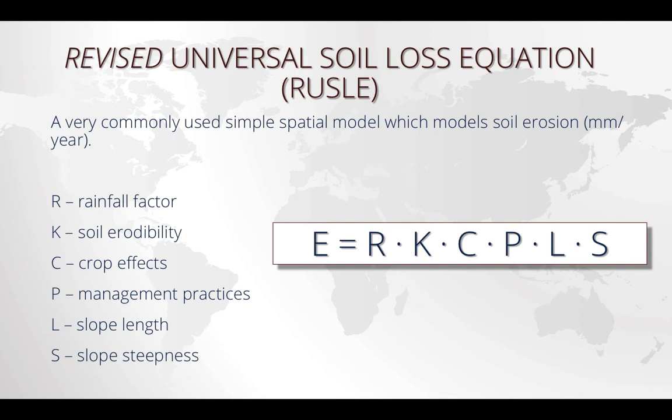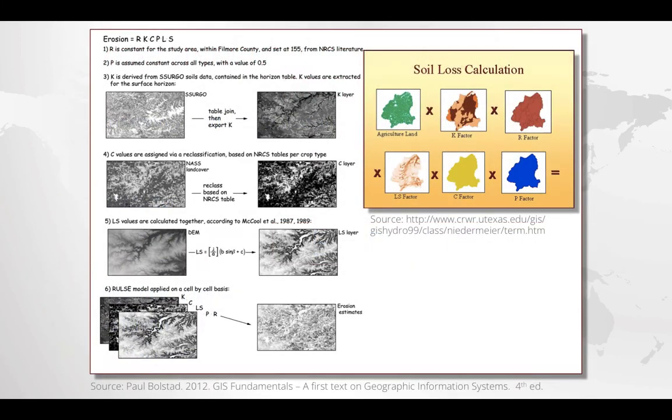Now, this is a pretty simple approach. I was talking to a scientist here in Iowa yesterday who says the state is now running a soil erosion model on a daily basis called the Russell model. It's much more sophisticated than this. It's probably one of those we talked about where we're spatializing a point model. But nonetheless, there's this universal soil loss equation, Russell, which you can use. And if you Google this, you'll find many GIS papers on this.